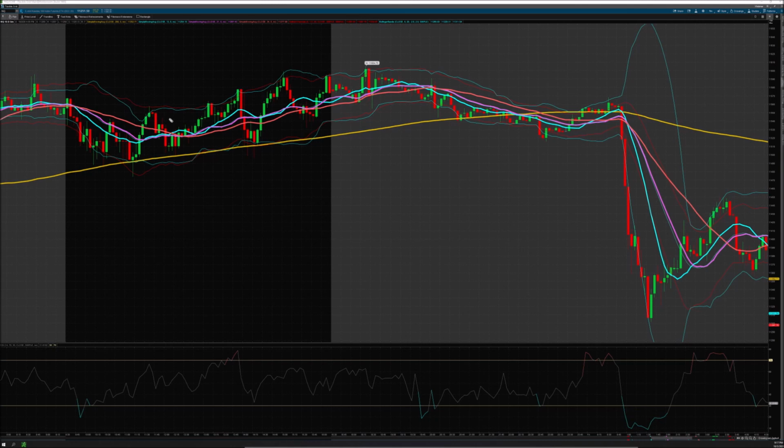But that's basically how he uses the Bollinger Bands to enter the markets. Again, not all strategies are created equal. So based on that, you could always figure out your own way to develop from that.